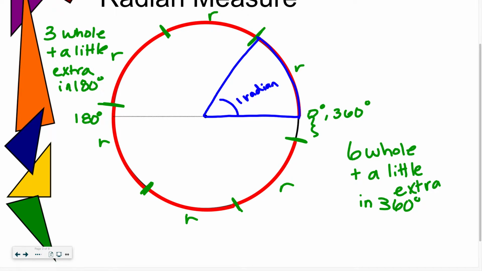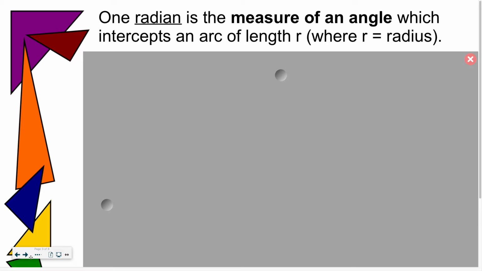Pi, 3.14. So there's actually pi radians in 180 degrees. How many radians are in 360? Pi and pi make 2 pi.